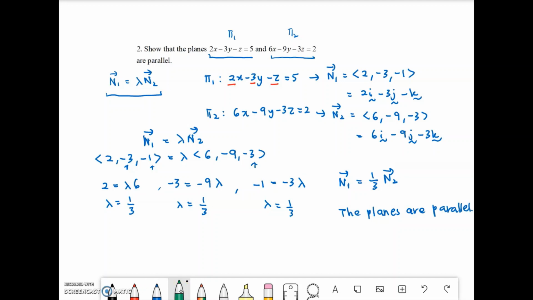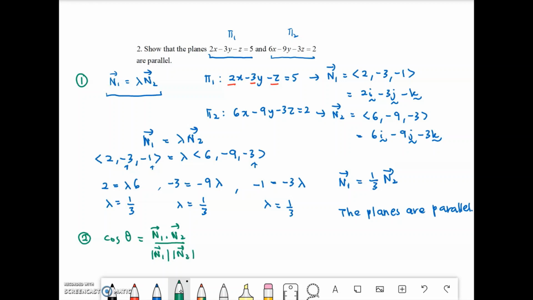Another method to show that the planes are parallel is to use the formula cos theta equals n1 dot n2 divided by the magnitude of n1 times the magnitude of normal vector 2.